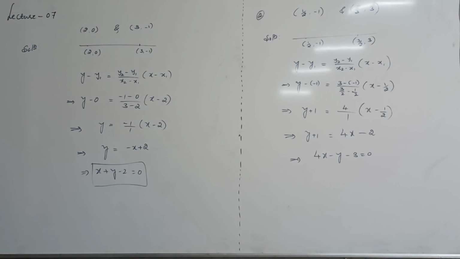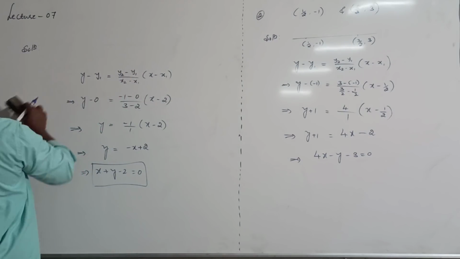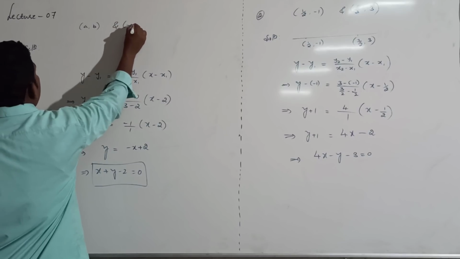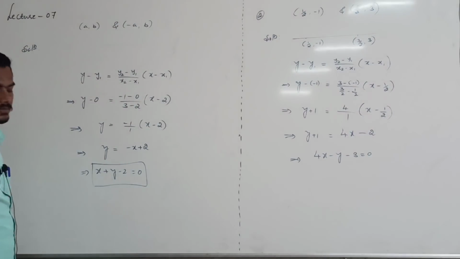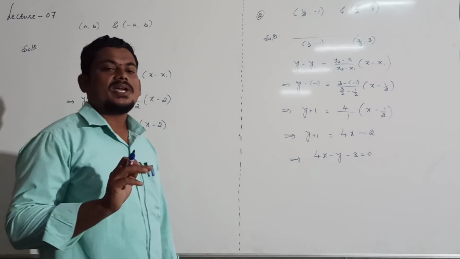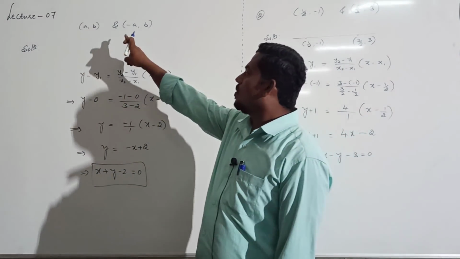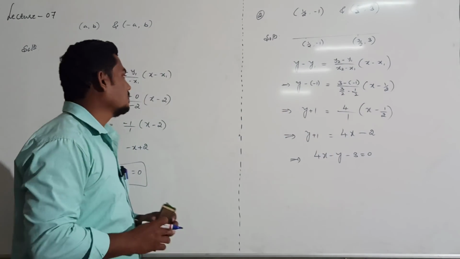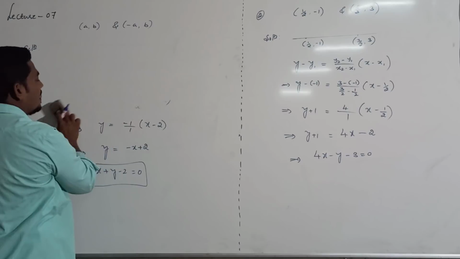Next, find the equation of the line passing through a comma b and minus a comma b. Again 2 points are given.